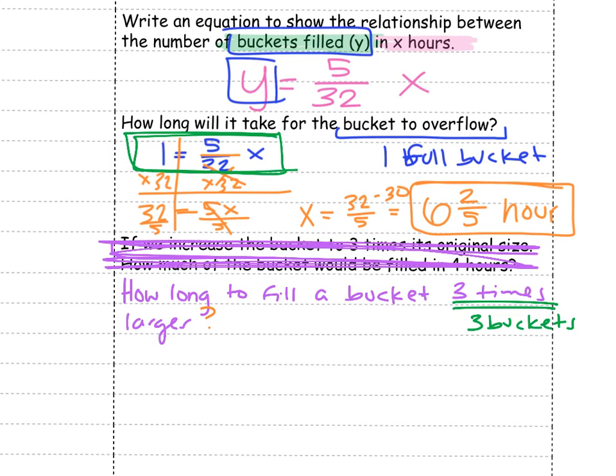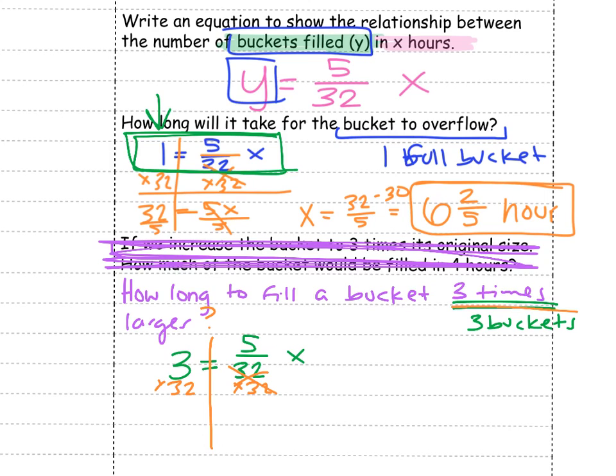So this equation is for 1 bucket, and we could use this equation for 3 buckets because that would be 3 times larger. So we can say 3 equals 5/32x. And then if we solve this, it will tell us how long it took to fill a bucket 3 times larger. So because it's 5 divided by 32, if we multiply by 32 on both sides, that gets rid of this.